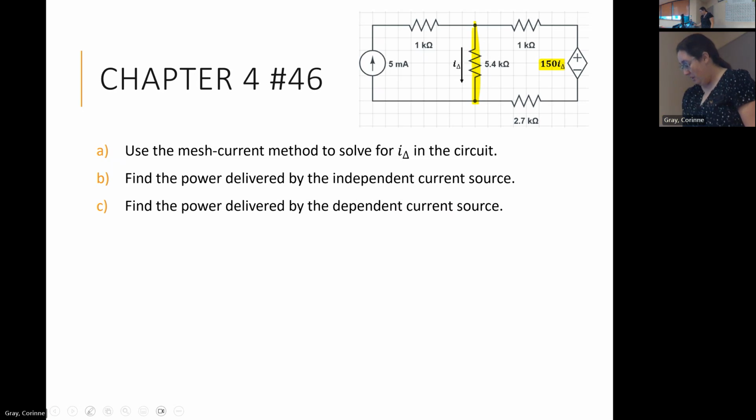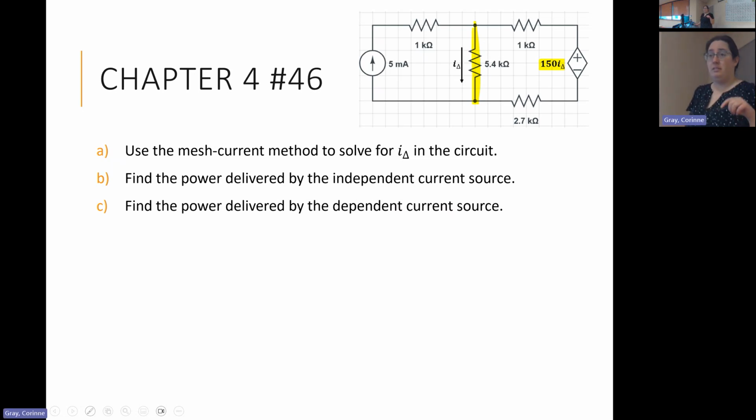With this, setting up mesh is a little bit more complicated. And by a little bit, it's just one extra thing we have to consider. First, we have to pick some directions. We're going to do either clockwise or counterclockwise. We're not going to mix them.